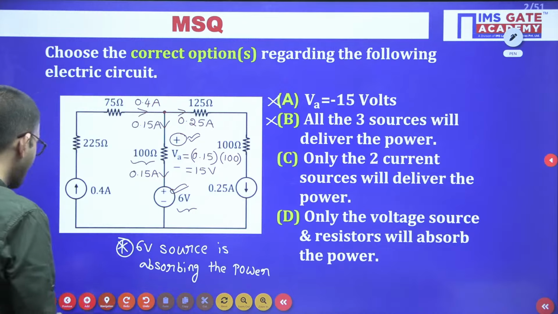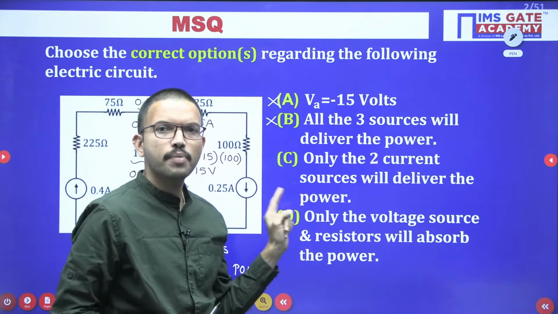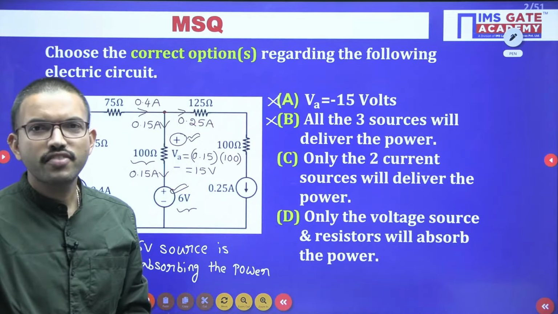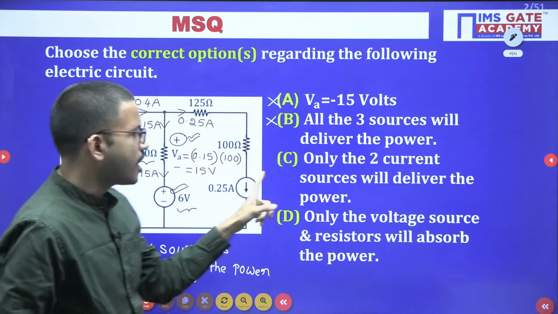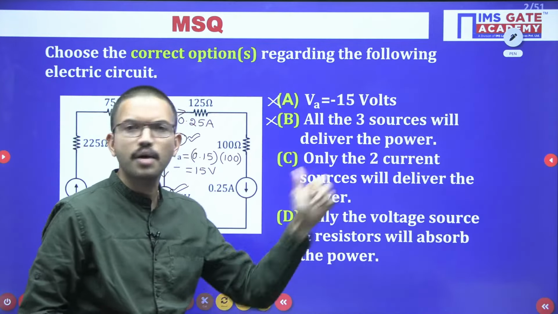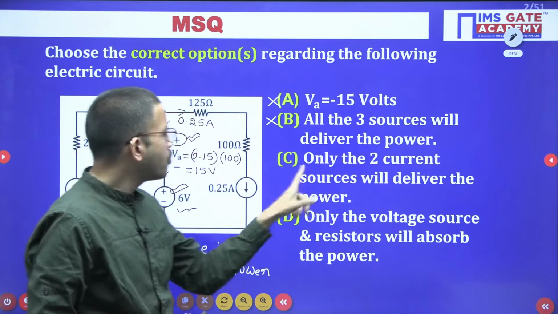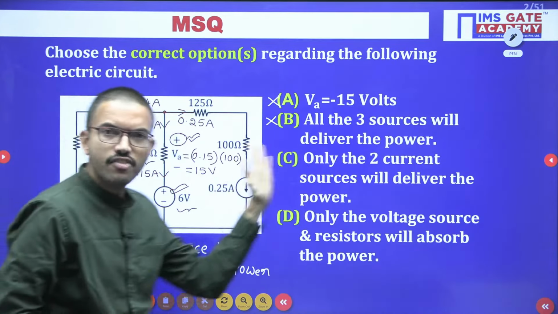Regarding option C and option D, yes, very good Kumar. Suppose option C is correct, then directly you can say option D is also correct. Because in option C, they have mentioned only the 2 current sources will deliver the power.